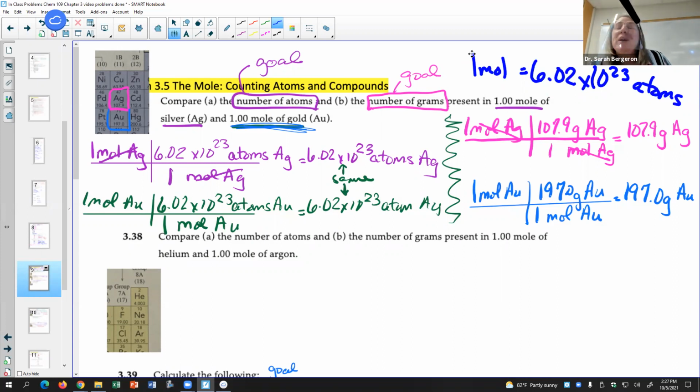So no matter what element you're talking about, if I say I have 1 mole of lead, I have 1 mole of oxygen, I have 1 mole of chlorine, how many atoms am I going to have? 6.02 times 10 to the 23rd. If I said I had 1 mole of peanut M&Ms, how many peanut M&Ms do I have? 6.02 times 10 to the 23rd peanut M&Ms.